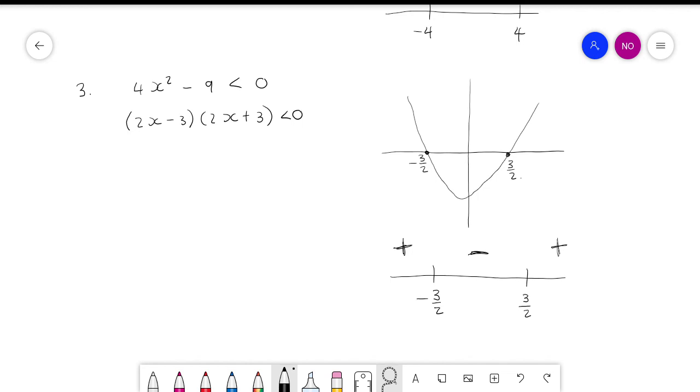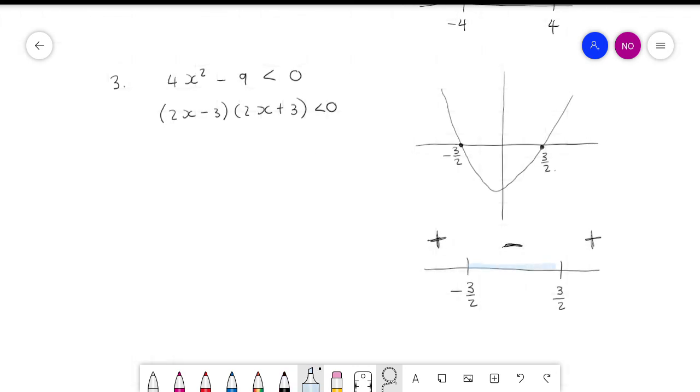He's looking for smaller than. In other words, we are looking for minus. So we are looking for this part. Do we include the two limits? Do we write bigger than or equal to? Why not? Because the question doesn't have it in. As die vraag dit bygehad het, dan het ons dit in ons antwoord bygeskryf. Maar die vraag het dit nie by nie, so ons skryf dit in ons antwoord by nie. So it'll be from negative 3 over 2, skryf jy hom soos 'n broodjie, all the way to 3 over 2.